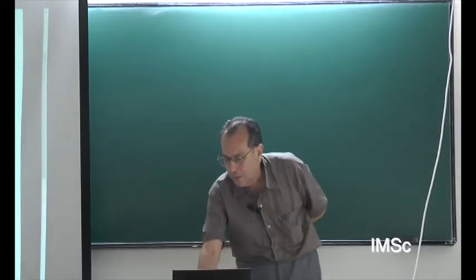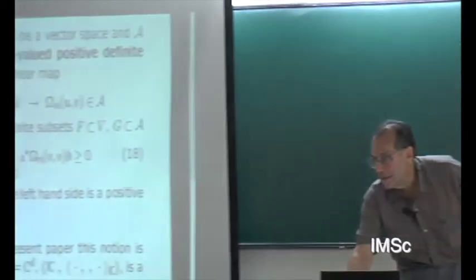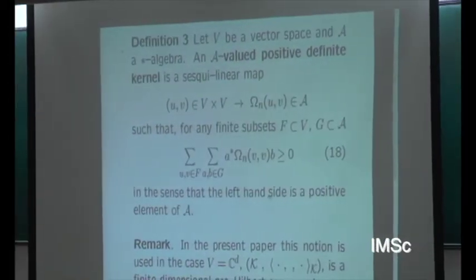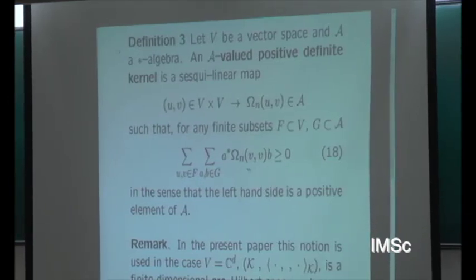So the important point is this. If omega is a scalar, this is the standard definition of positive definite kernel. And here I replaced the condition that it is a scalar with the condition that it is an operator in a star algebra. In the concrete case, our star algebra will be the star algebra of linear operators of a pre-Hilbert space into itself.